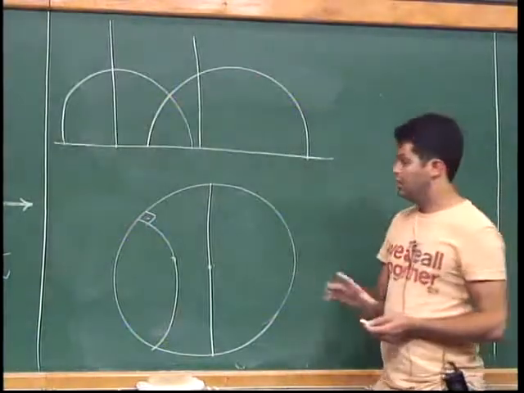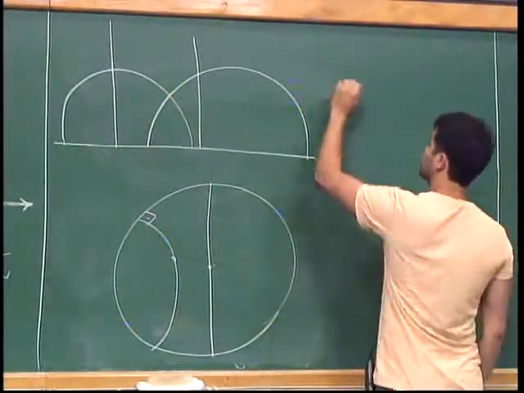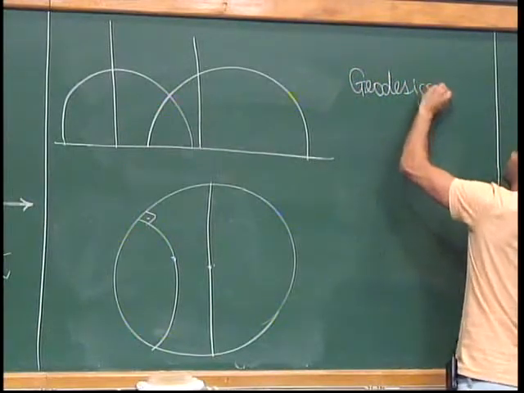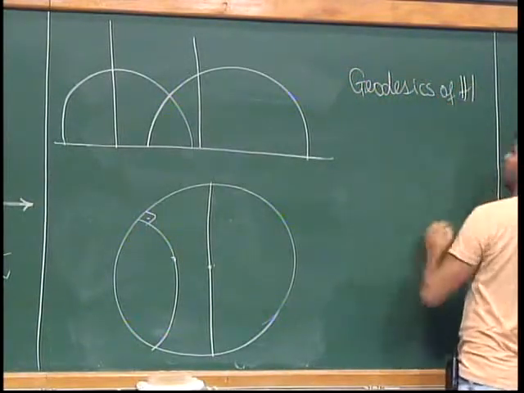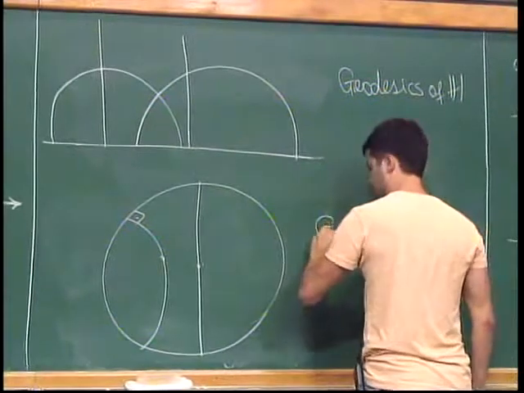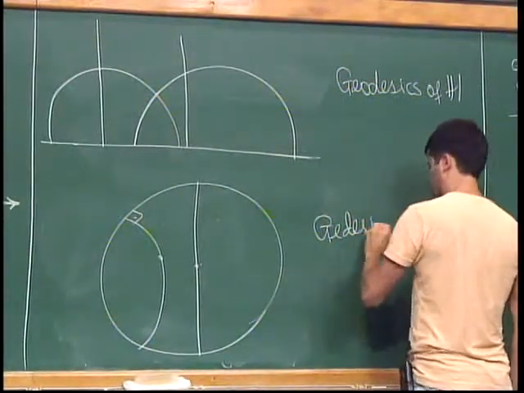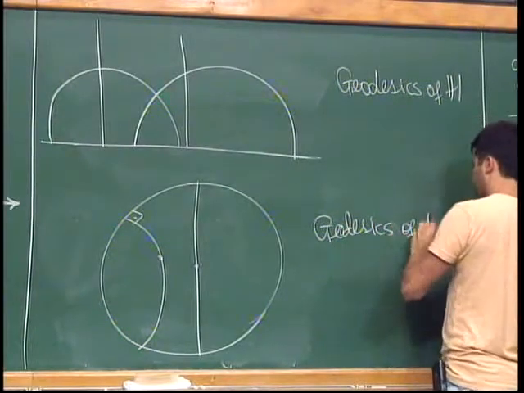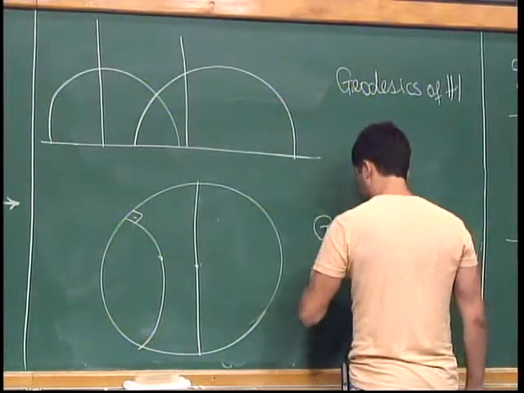Okay? So these are the geodesics of H in the Poincare disk model.